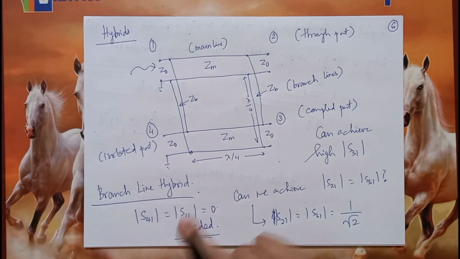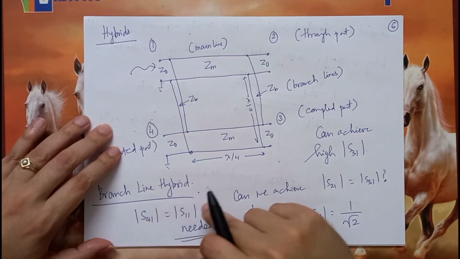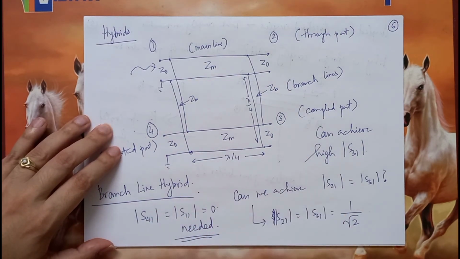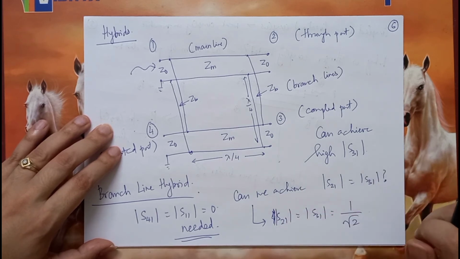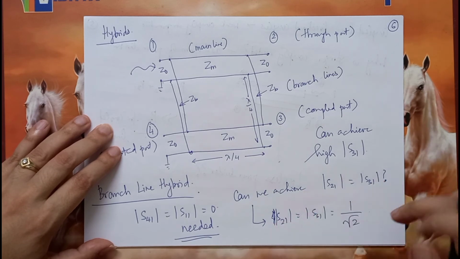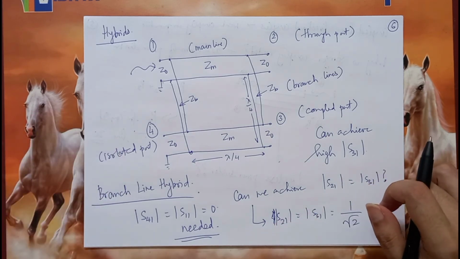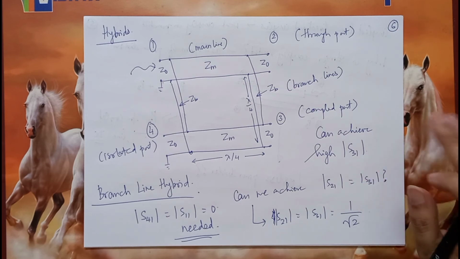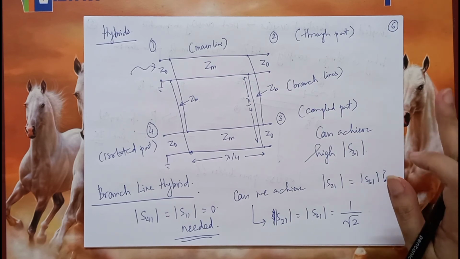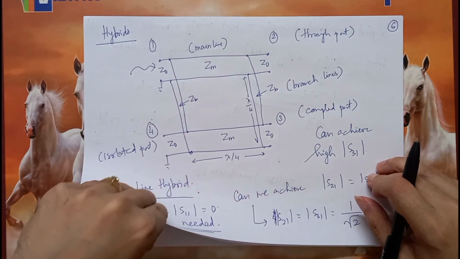Now, if S41 and S11 are 0, which we can achieve, all we know is the magnitudes of S21 and S31 are this. But in general, these are complex quantities. So how can we represent them with their phase parts also?